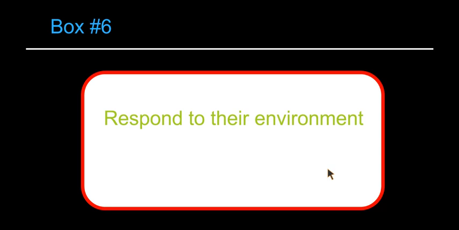All living organisms respond to their environment, but it can look different for different organisms. For instance, a plant will grow towards the direction where there's the most sunlight. So plants respond to their environment by tilting towards the area with the most sunlight. That's how they respond to their environment.